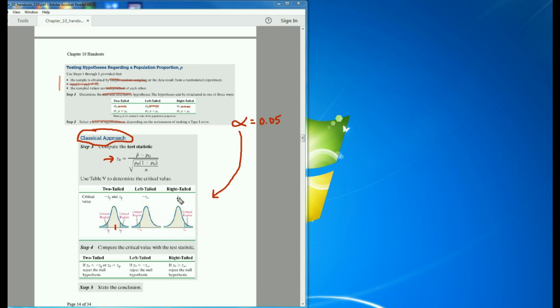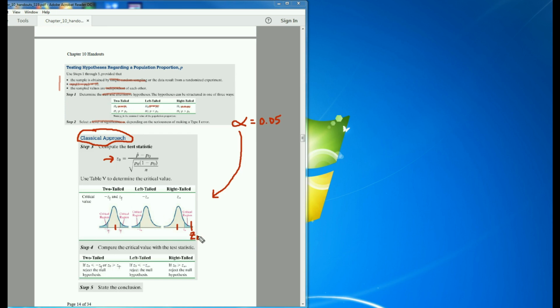Versus, let's say you're running a right-tailed test, and your test statistic z sub 0 is way out here in the tail beyond your critical value. Now it is in your critical or rejection region, so you would reject your null hypothesis. Your hypothesized value is right here at the middle, and your sample data is way out here, far away.